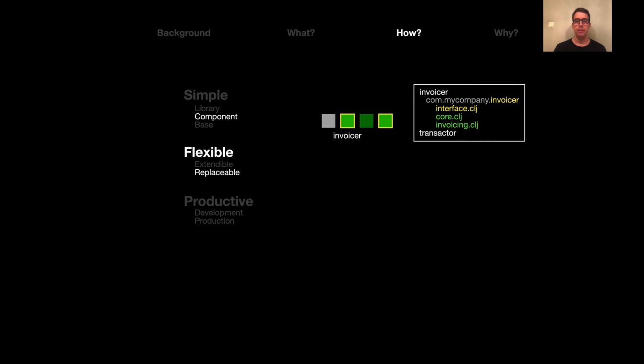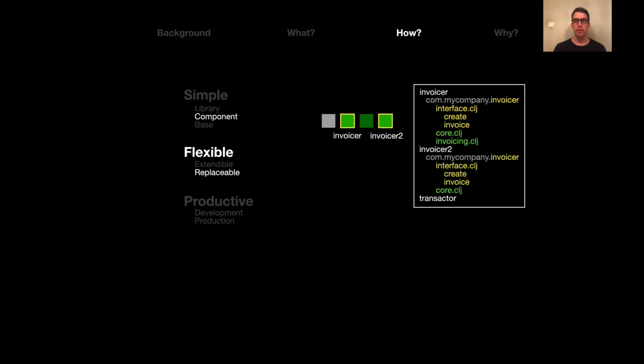And let's say we add one more component here, Invoicer2. That's a terrible name, by the way. But if that component uses the same interface, in this case the same Invoicer interface as the Invoicer component, and if it has the same set of functions, then we can replace one component with another.